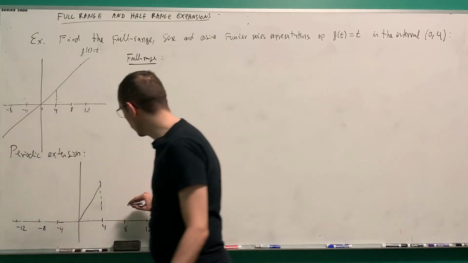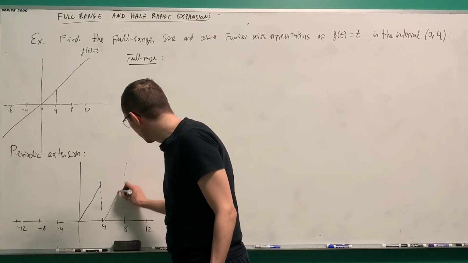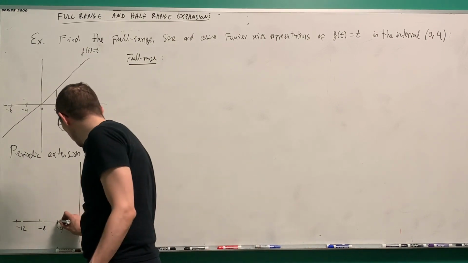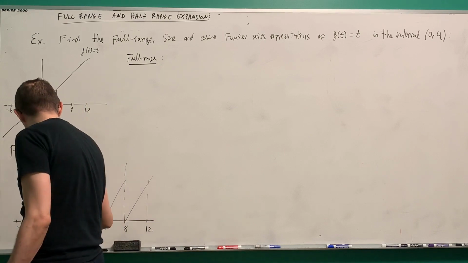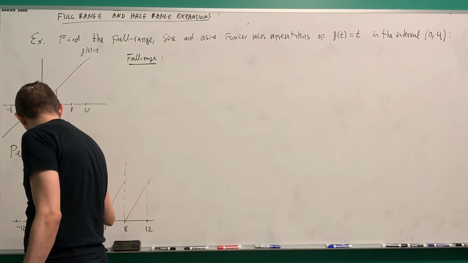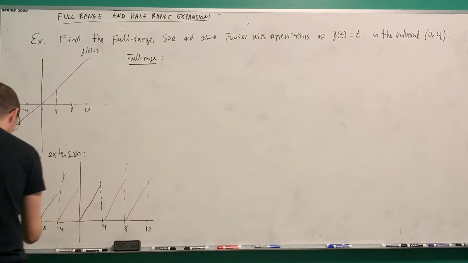So what we do to do the periodic extension is the simplest of them all. Just draw it again, and draw it again, and draw it again, and draw it again. But do it right, and so on and so forth, right?